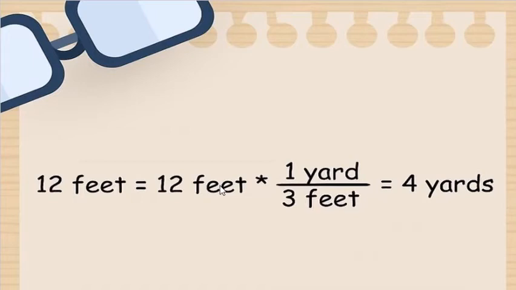So 12 feet multiplied by 1 yard divided by 3 feet, you can cut this 3 by this 12. 3 times 4 equals 12. So 12 divided by 3, the answer is 4, and the feet cancel. So the answer is 4 yards.